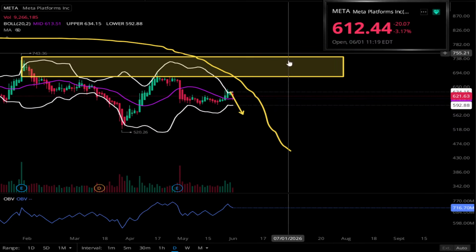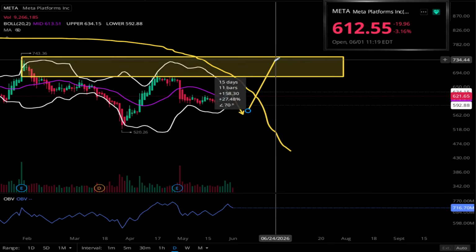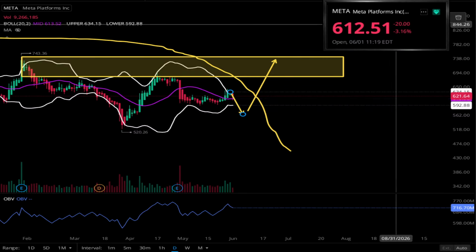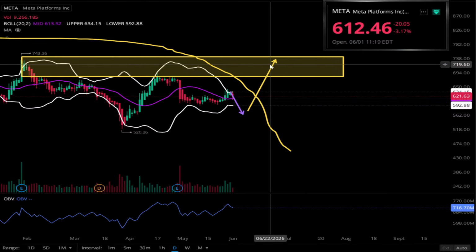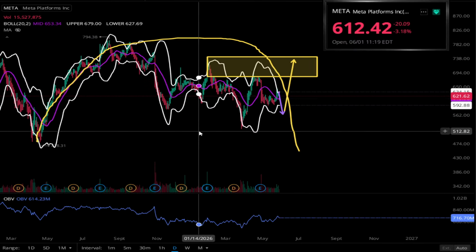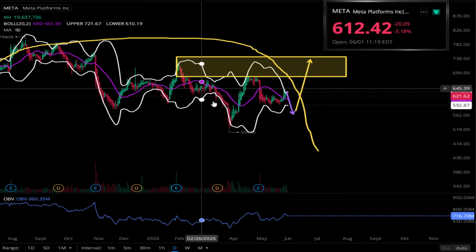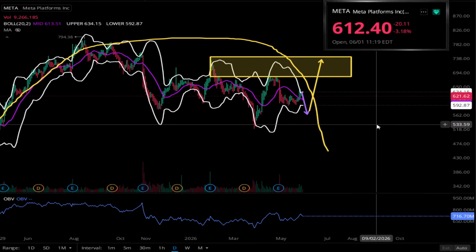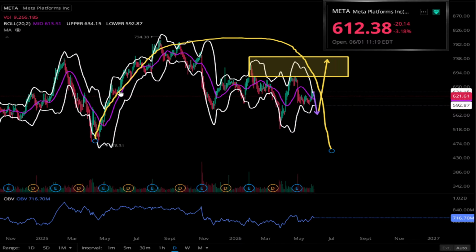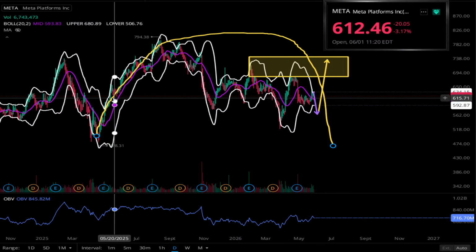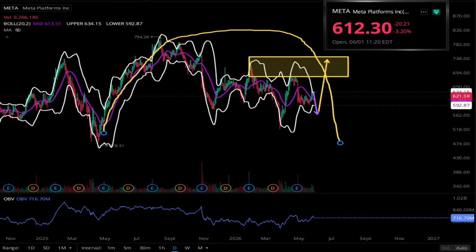But again, from that lower Bollinger push, it would give us a call opportunity to the upside, or a long opportunity to the upside, however you want to define it. Which would still be within that inverse head and shoulders. So that looks positive, even though this very large inverse cup is kind of looming and something I would be very cautious of.